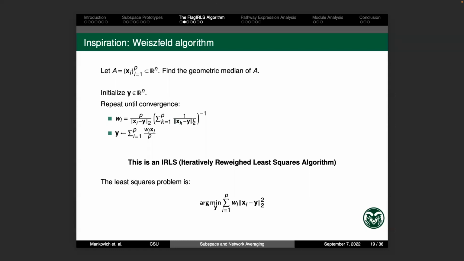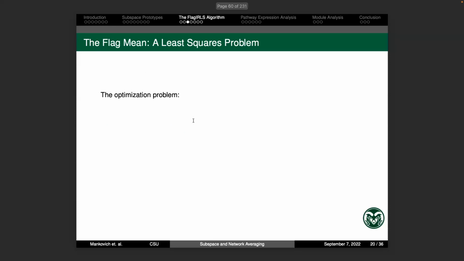Okay, here's the problem. The flag mean is a least squares problem as well. It solves this optimization problem. I took the principal angle matrix thing that I showed you before that looked really hectic and teased out this optimization problem.